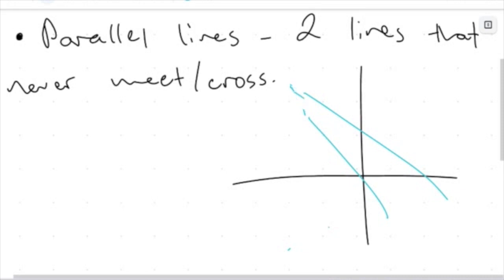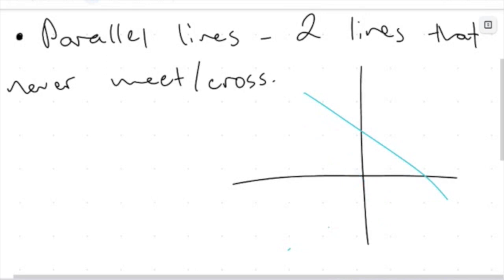You can start to think about what the only relationship these two can have with their gradient in order to stay parallel. Well, a gradient just means its slope. So for them to never meet, we would want these lines to have the same slope.